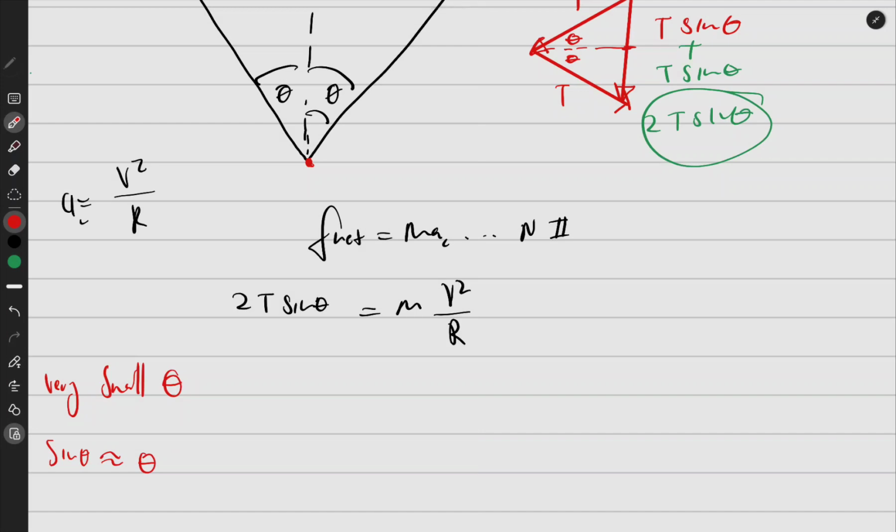These are very close if theta is very small. So with that, we can just cut this and put theta here. We also know this mu, which is the ratio of how much mass the rope has per length.